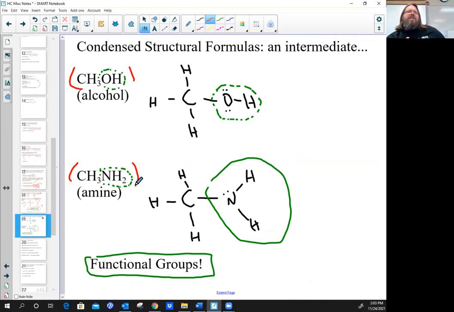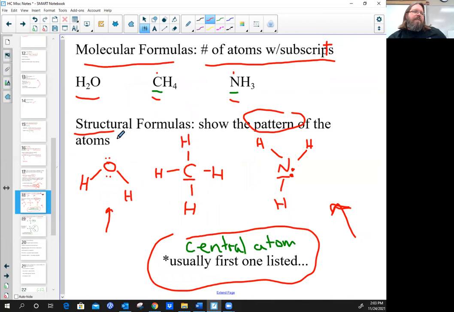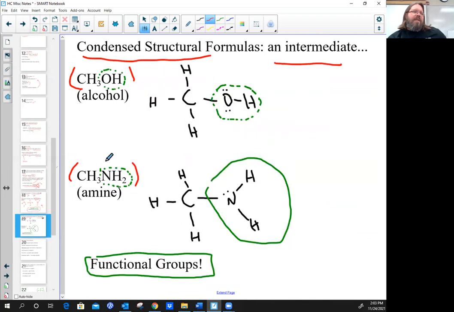Why didn't they just write down C4H10, whatever, right? This is the reason why. It was a condensed structural formula. It gives you a clue, and think of it as an intermediate between a molecular formula and a structural formula. They write it out so that it gives a clue as to the structure of the compound.